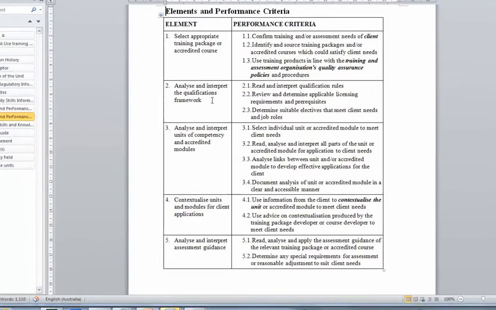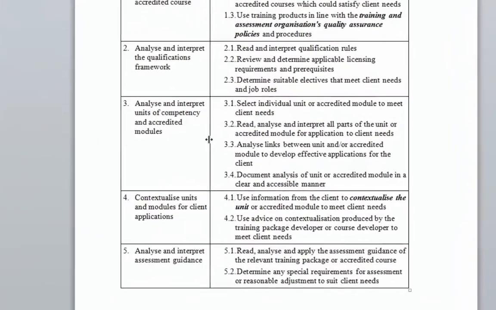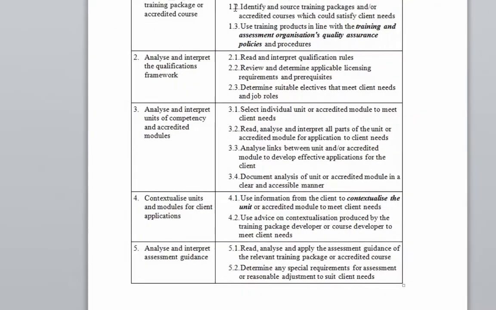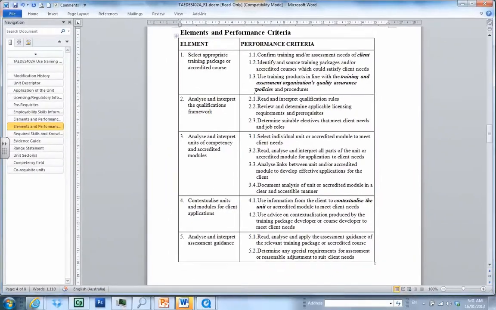So what I can take you to now is we're here at the stage of element 3. When you saw on that slide at the beginning, analyse and interpret units of competency in accredited modules, that was element 3. We are currently working at 3.3. In your webcast earlier in week 1, we covered all of element 1.